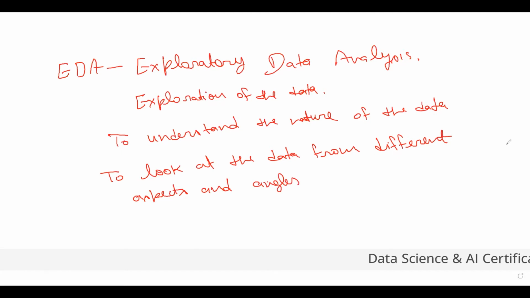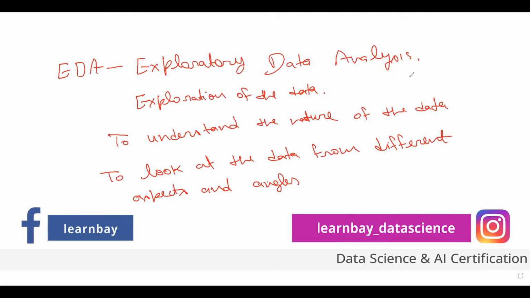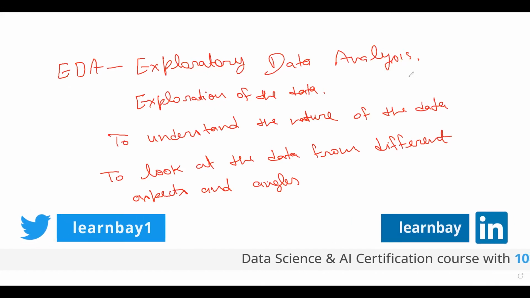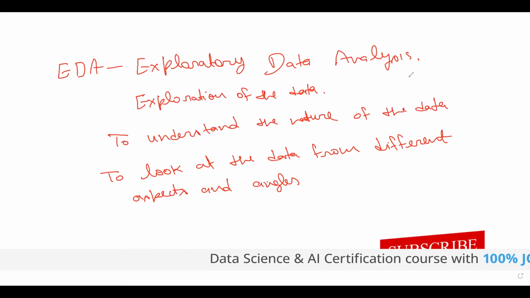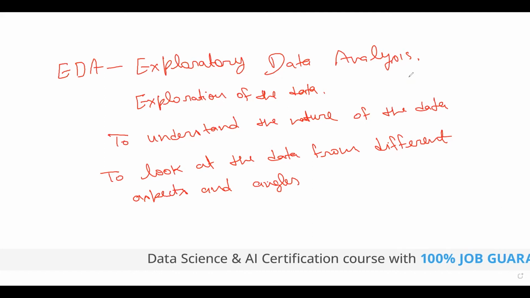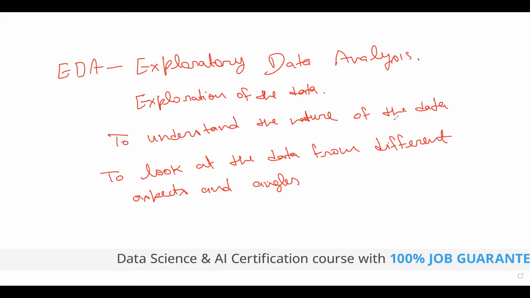So EDA is exploration. Exploration means we are just digging deep to know more about the data. We are looking at the data from different angles and creating some insights. Okay, my data is of this type or that type, or it is trying to say this or that. Are you getting my point, guys?